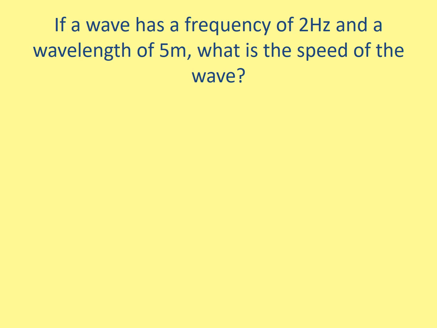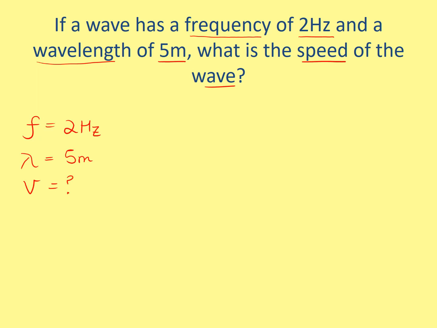So a wave has a frequency of 2 hertz. So I can write down F for frequency is 2 hertz and a wavelength of 5 meters. So I can write down lambda for wavelength is equal to 5 meters. What is the speed of the wave? So we want to know V, the wave speed.